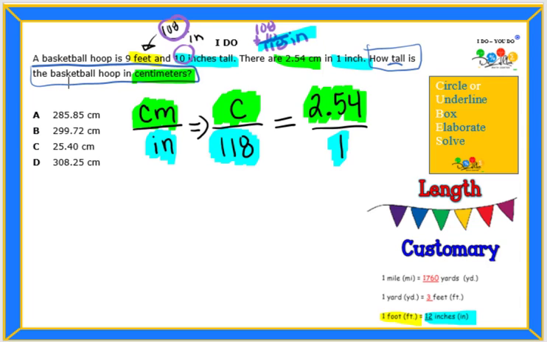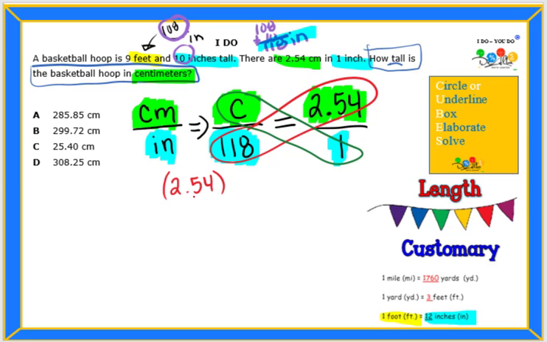So I'm going to multiply 118 times 2.54, and that's equal to 1C. So we are going to multiply 2.54 times 118, and that's going to be equal to 1 times C.